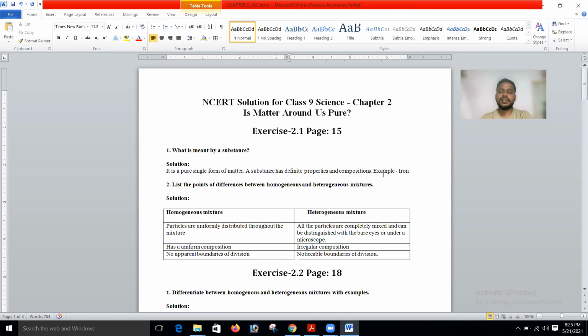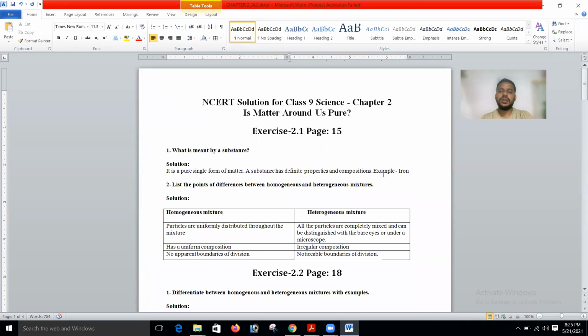For example, iron is a substance. Similarly, zinc is also a substance, and copper is also a substance. That means in those, only the pure form of those particles is present.